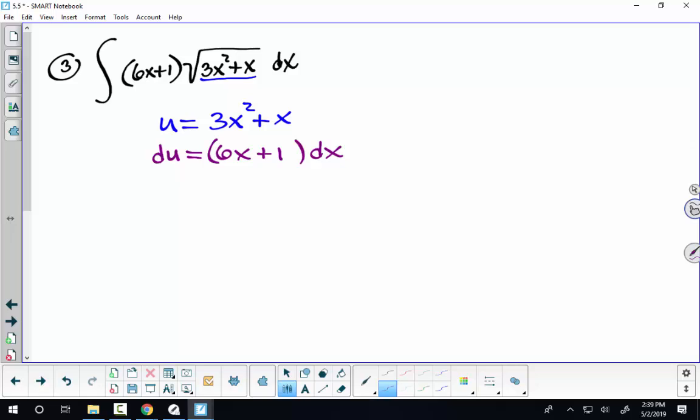Here, I'll just write it over here as a reminder: du over dx is equal to 6x plus 1. So the 6x plus 1 times the dx is just du. So we have the integral of the square root of u times du.